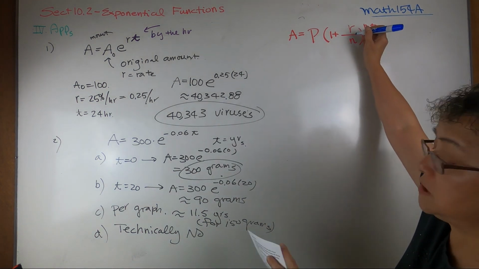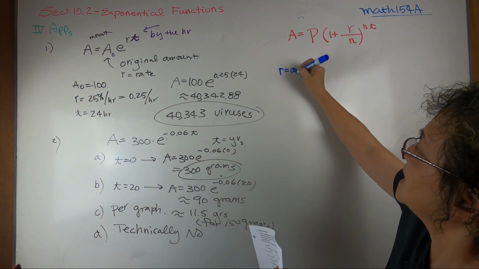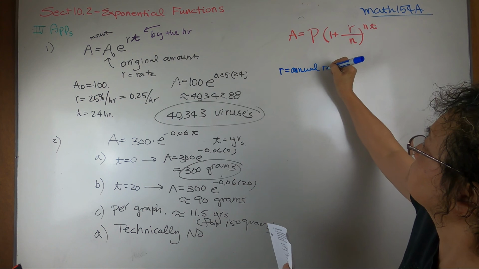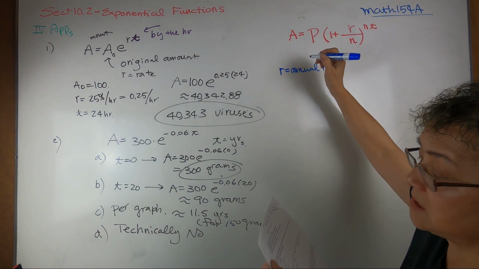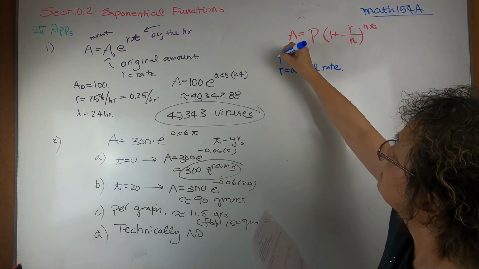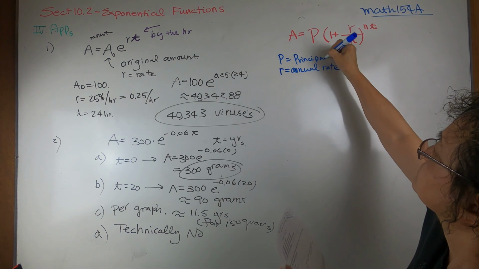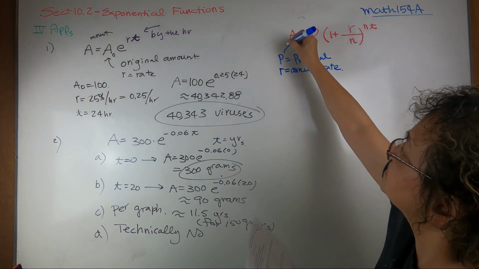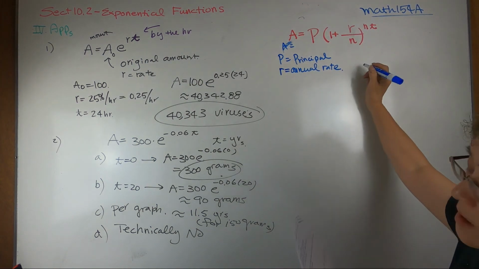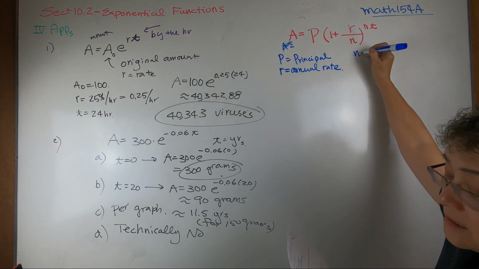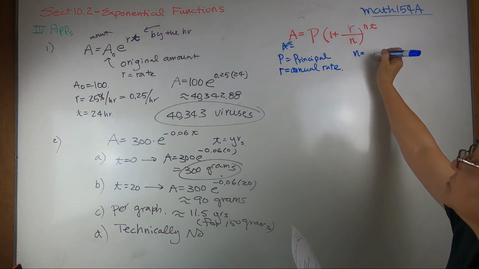So usually they will give you R, which is the annual rate. Okay? Then P is your principal. Then A is the total amount. So what is N? N is the number of times interest is compounded per year.